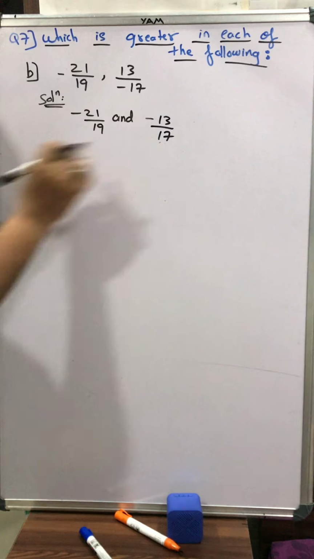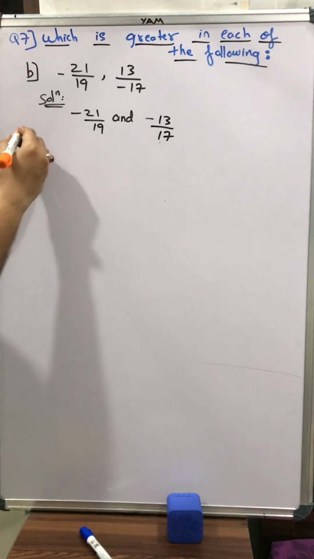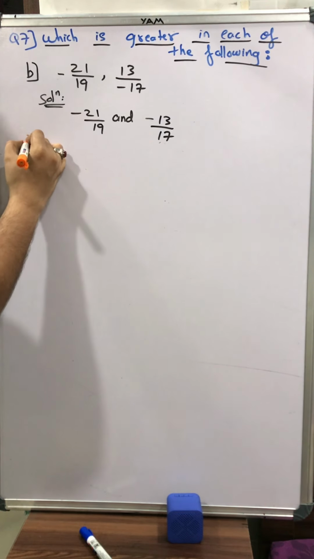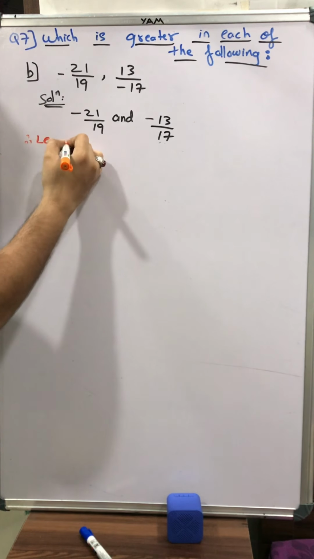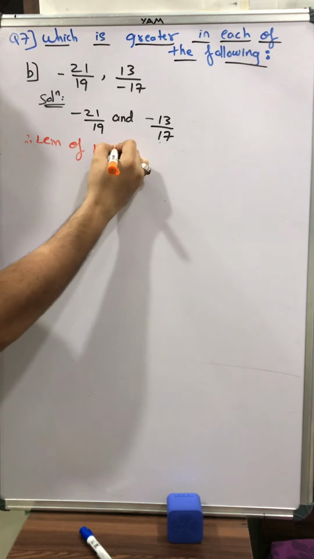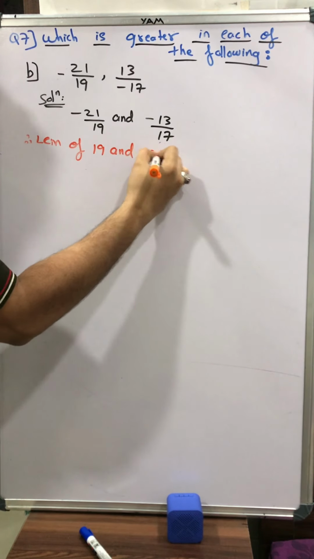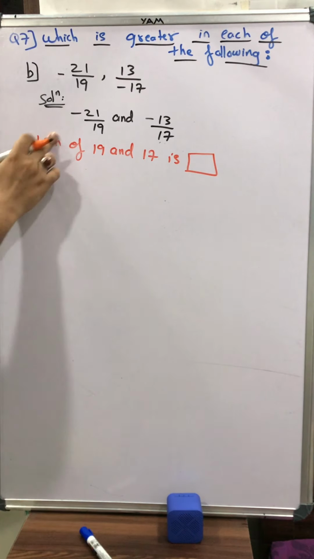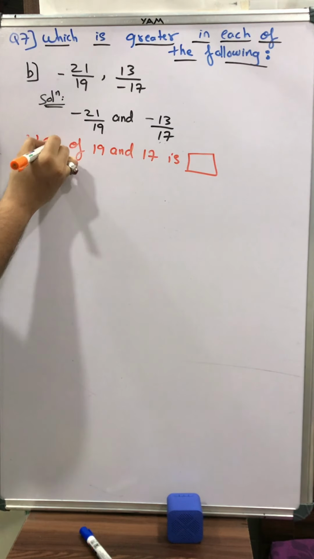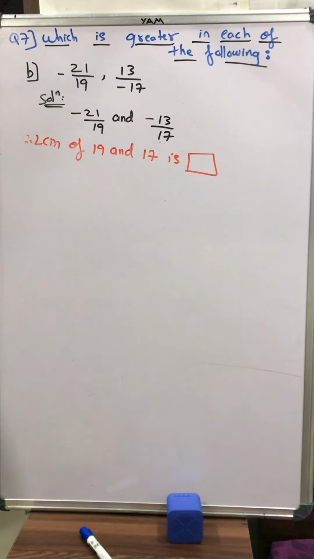What will be the next step? We have to make the denominators the same. So can I say I'll find the LCM? Yes. Therefore, the LCM of 19 and 17 is, we have to find here. How to find the LCM of 19 and 17, students?